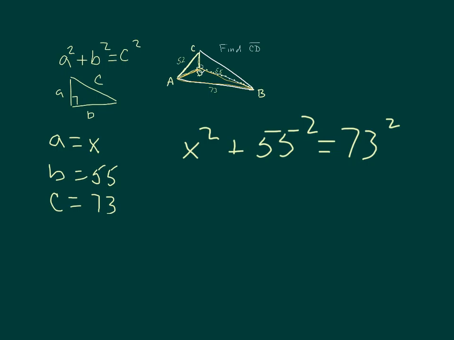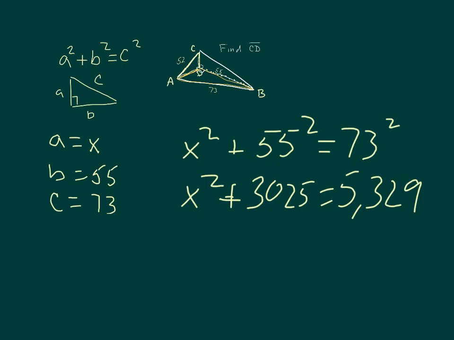We square those numbers out. 55 squared is 3,025.